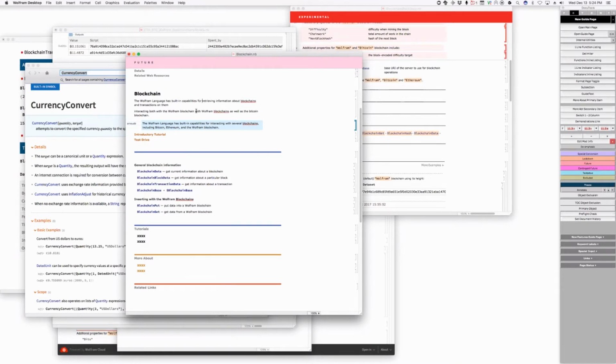Built-in capabilities for interacting with blockchains.